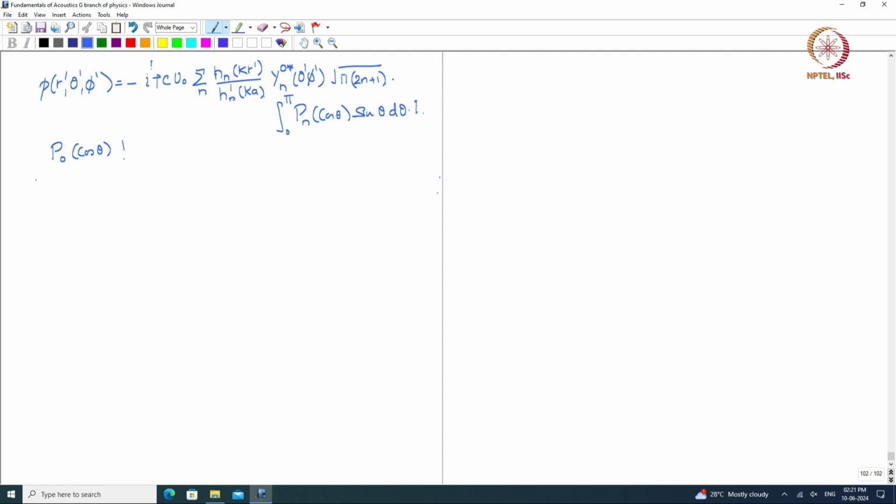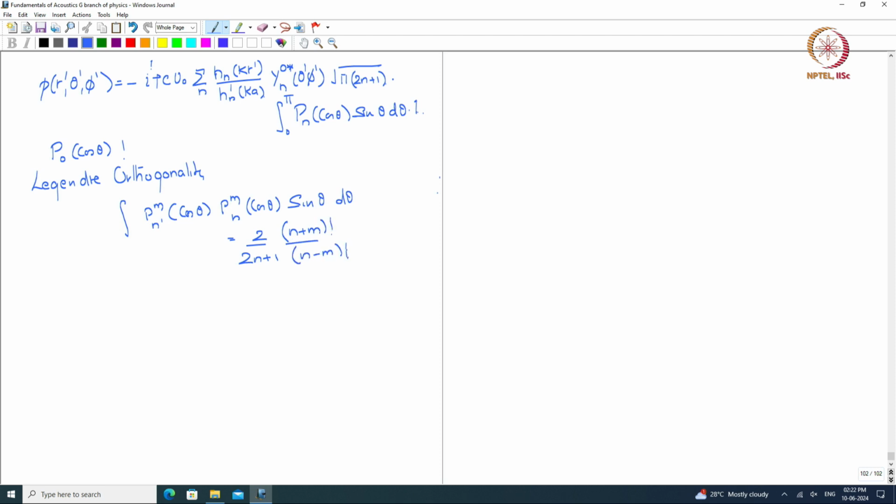And what I have for Legendre polynomial orthogonality is integral Pmn dash cos theta Pmn cos theta sin theta d theta is equal to 2 over 2n plus 1, okay, n plus m factorial by n minus m factorial into delta n dash n.